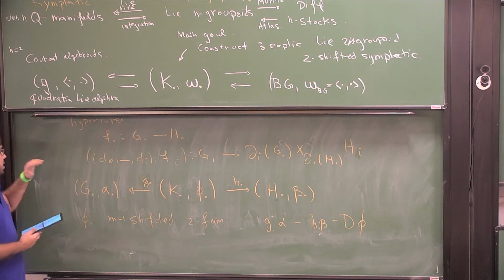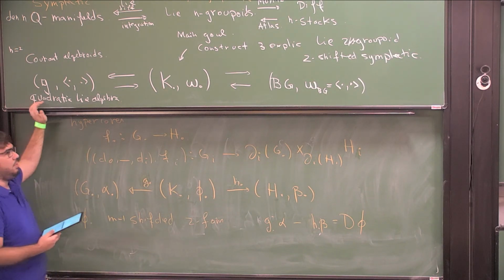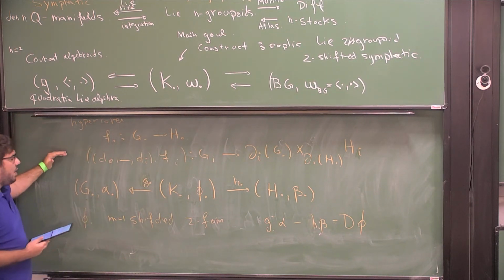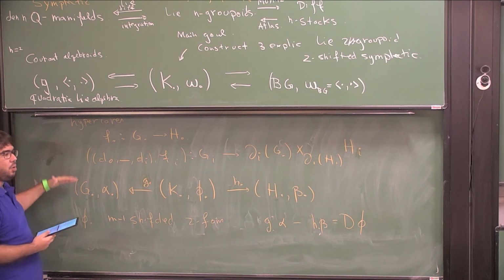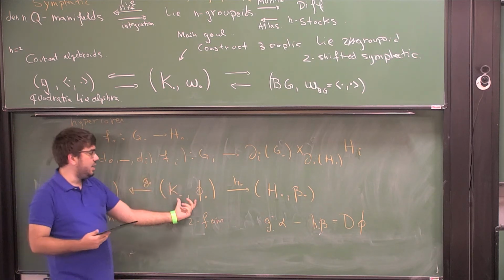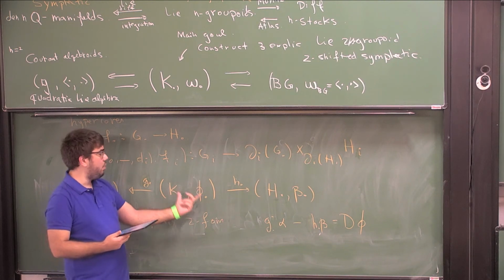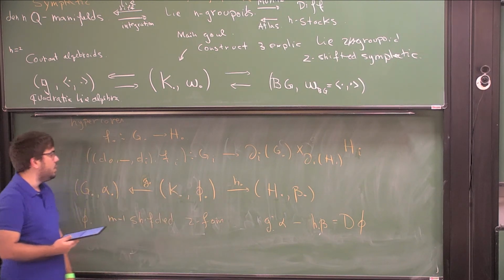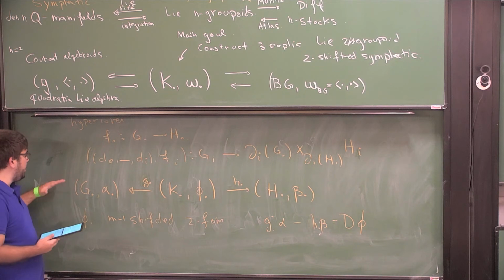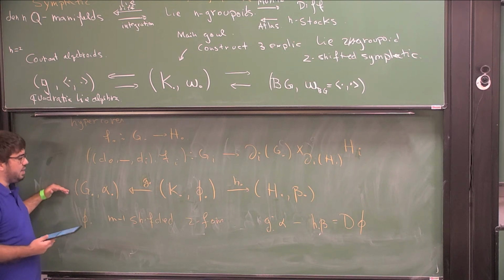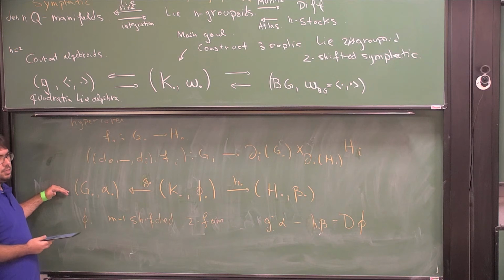So what I want to say is that for Lie 1 groupoids, I will not show it, but for Lie 1 groupoids there is a definition of shifted symplectic Morita equivalence by using Hamiltonian spaces that are a particular example of principal bibundles. And our definition and the definition by Xu, they define the same equivalence relation.